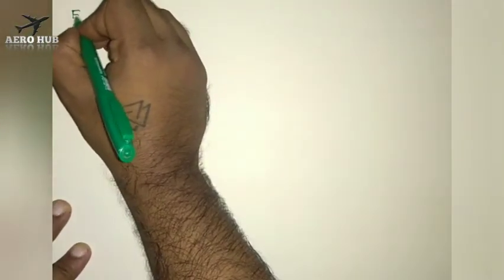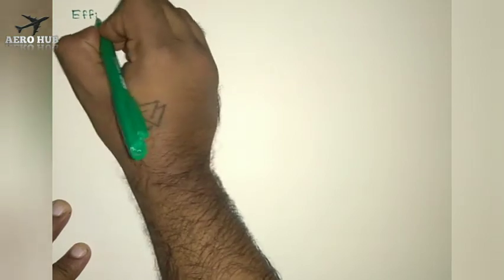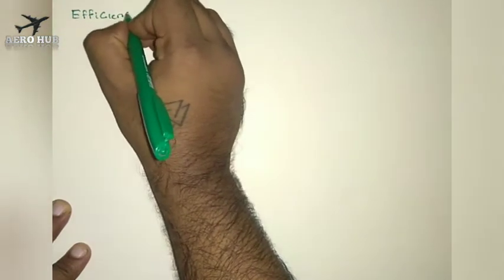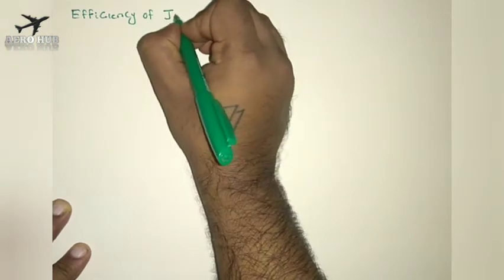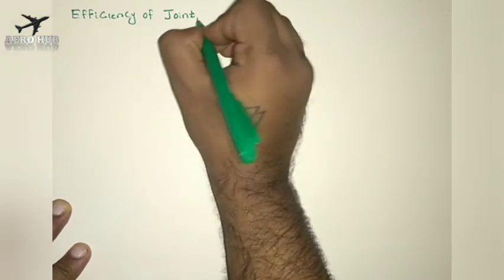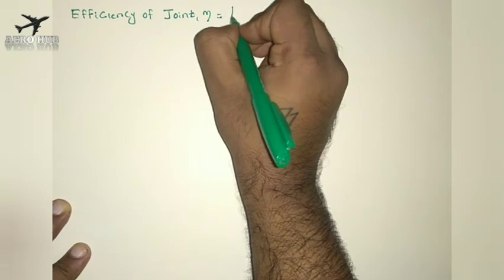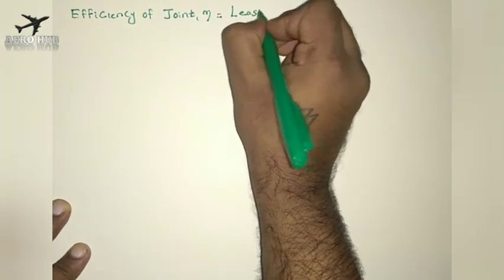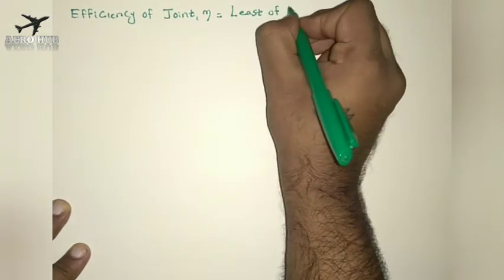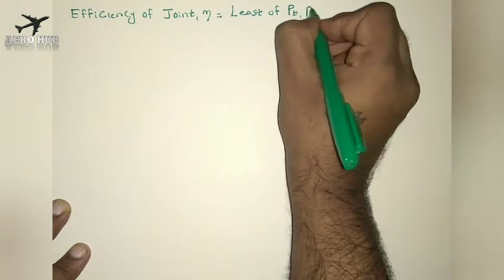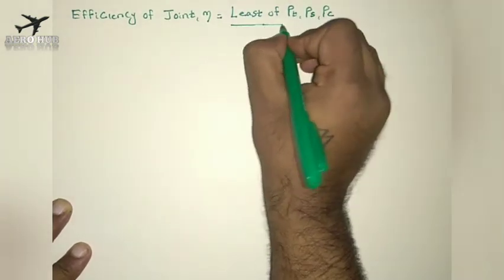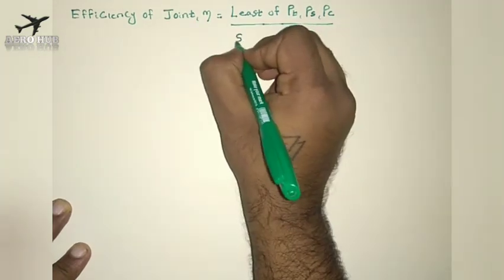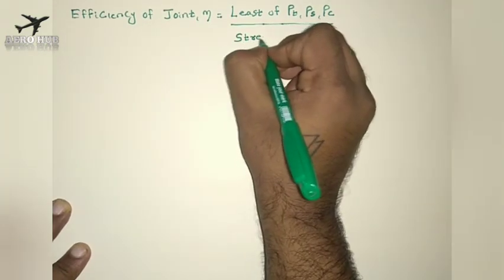The efficiency of the joint, eta, is given by the least value of tearing resistance, shearing resistance, crushing resistance divided by the strength of the plate.